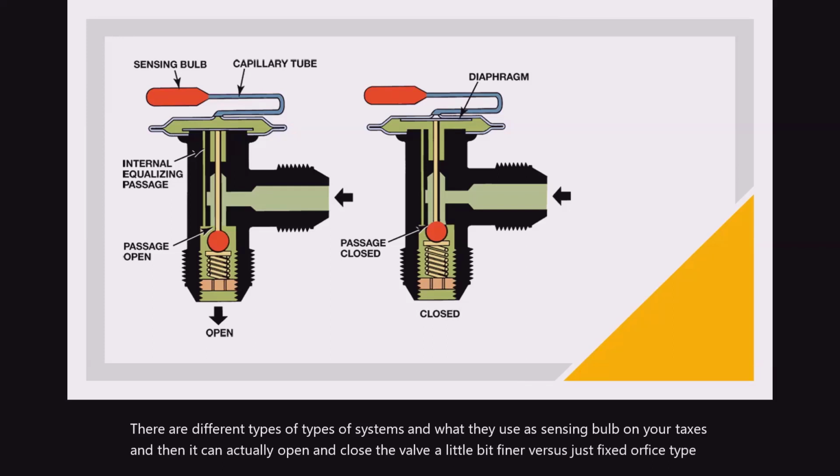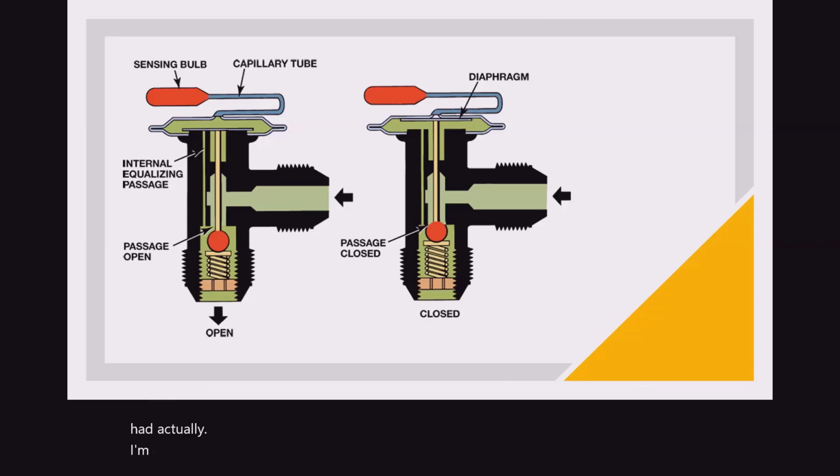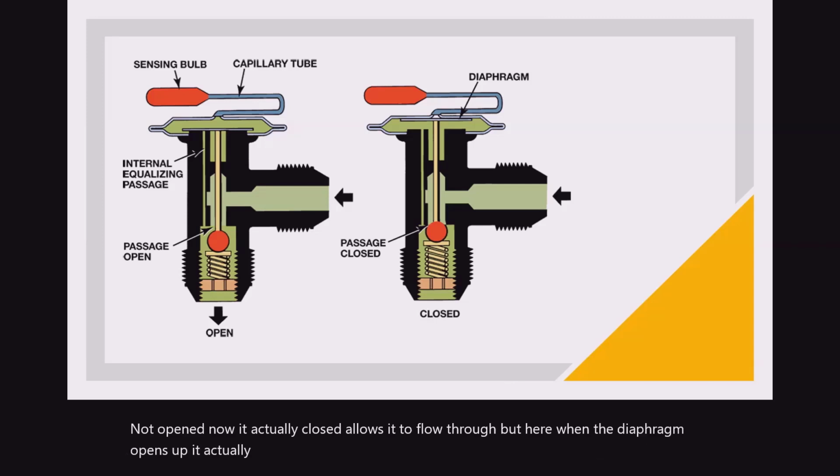So you can see how the passage changes as that bulb moves. Here we had it not opened, now it closes, it allows it to flow through. But here, when the diaphragm opens up, it closes it off, so we don't have as much refrigerant coming through.